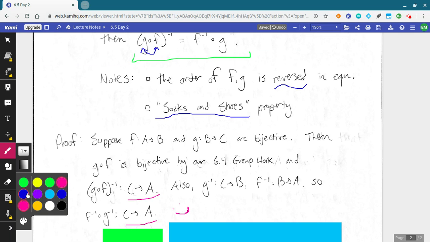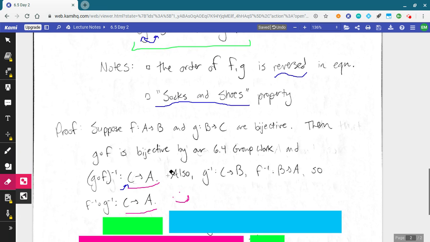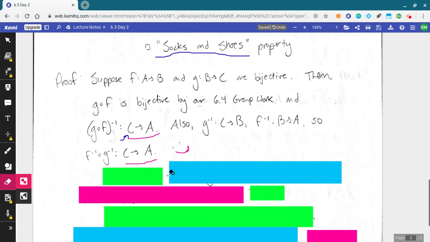Next, to see that they give us the same output for every input, let's hand each function a general input from our domain, big C. So let's let C be in C. It's going to be helpful at this point to move this around a little bit.